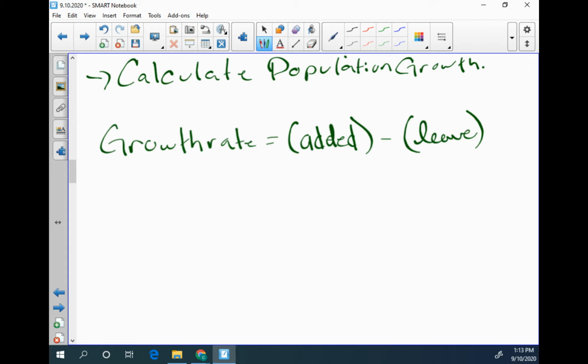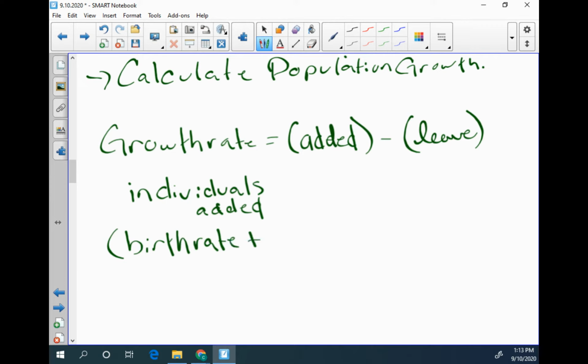So our individuals added is our birth rate, so how many are being born, plus the immigration rate. Our two sources of getting individuals are being born and moving in. So our individuals added equals birth rate plus immigration rate.